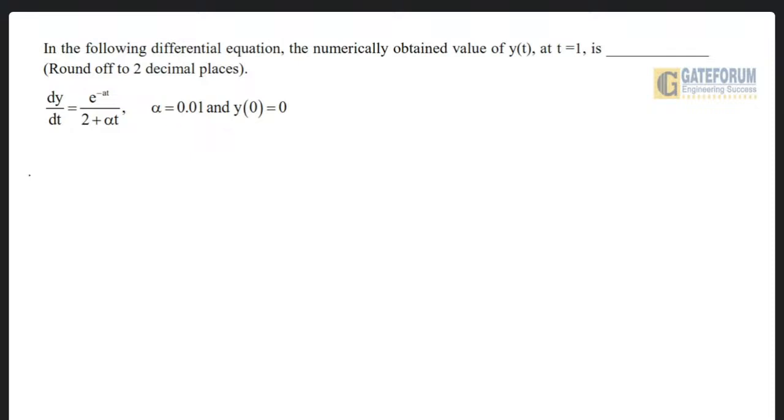The solution is: this is the differential equation, with the t variable in place of the x variable. So t is the independent variable.